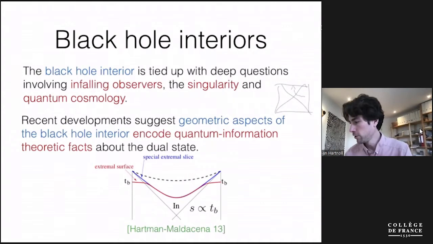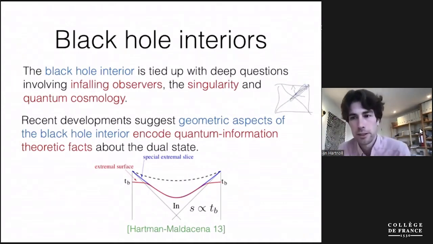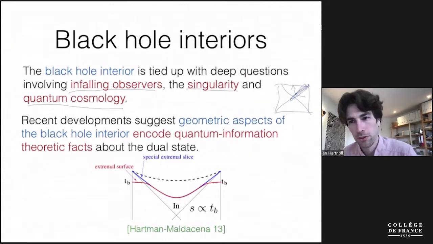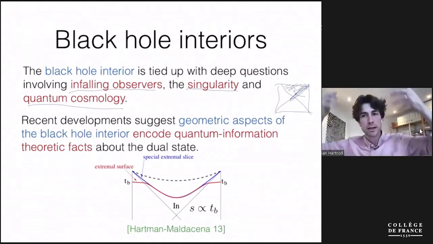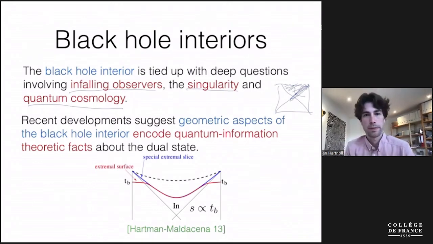Someone that falls into the black hole is no longer in causal contact with the boundary, so it's conceptually confusing how you describe that from the boundary point of view. It's also tied up with, as Marc Henneaux mentioned, what the singularity means. And it's also tied up with confusions in quantum cosmology, if you think of the interior of the black hole as a kind of time-dependent cosmology, a la BKL, which we'll come back to.